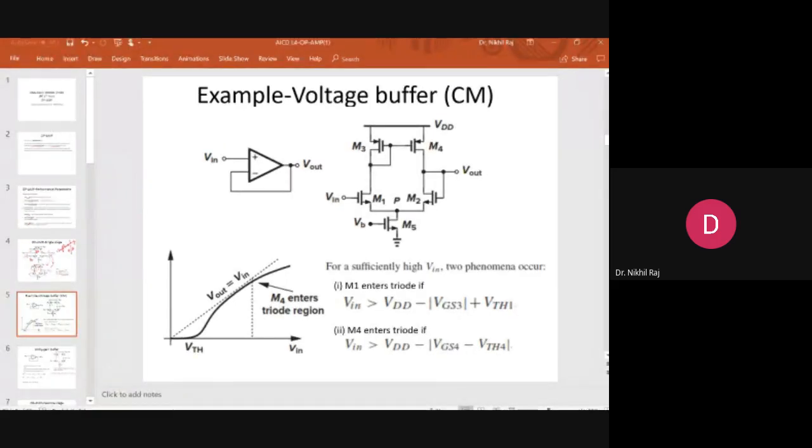Then one application we have seen is a voltage buffer, where we decided how much will be the copying range. If we give some input X, then V out will track either the complete input or only a part of the input, and we have estimated some range it will copy.